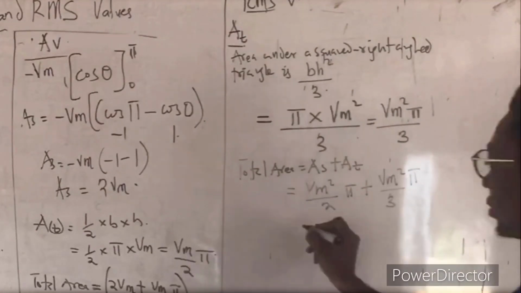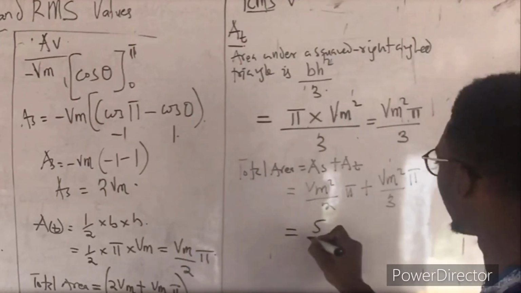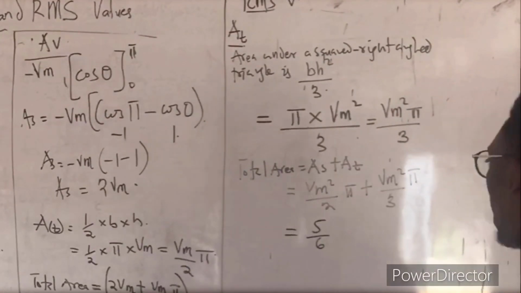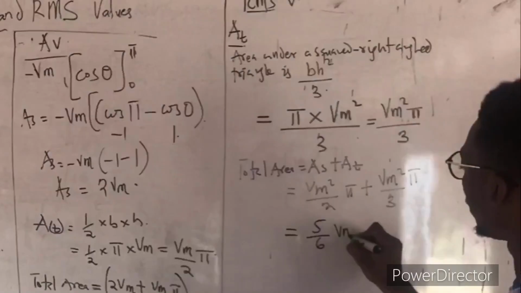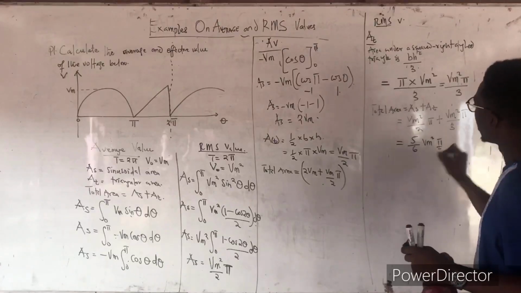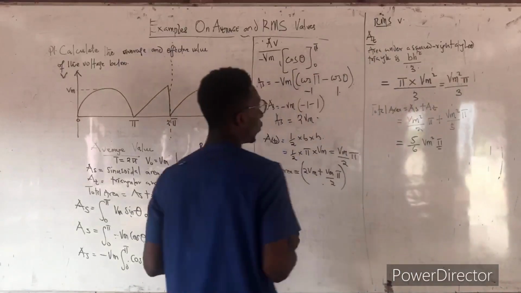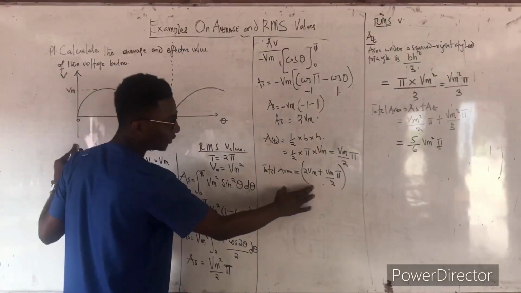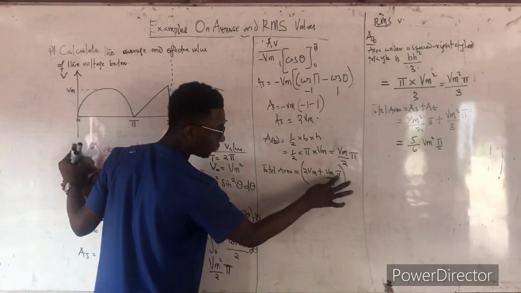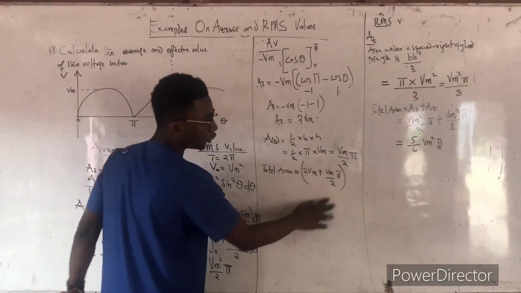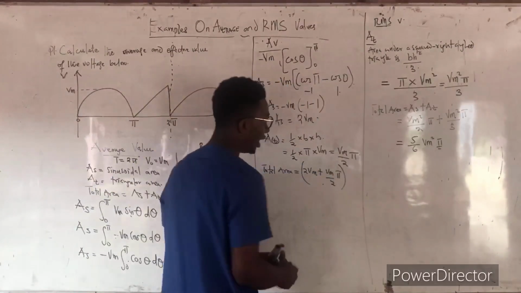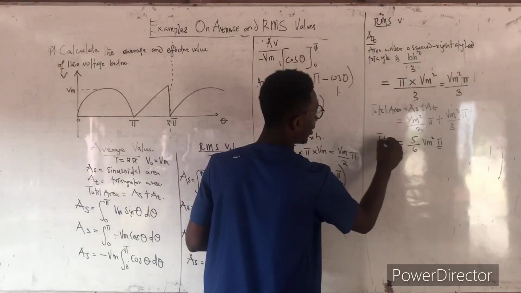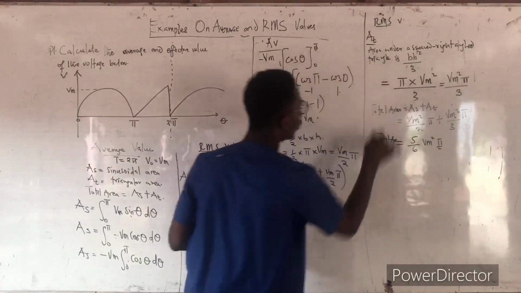And when you do this, you will get, I think, 5 on 6 Vm squared pi. And this becomes the total area. So now the total area under the average value was 2 Vm plus Vm pi on 2. And this is the total area under the root mean square value.